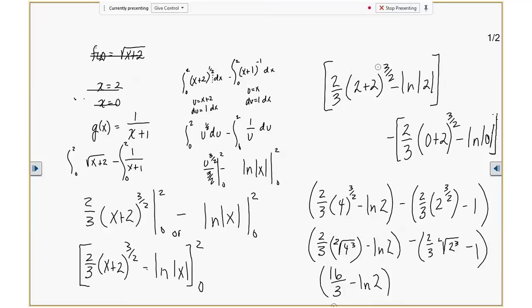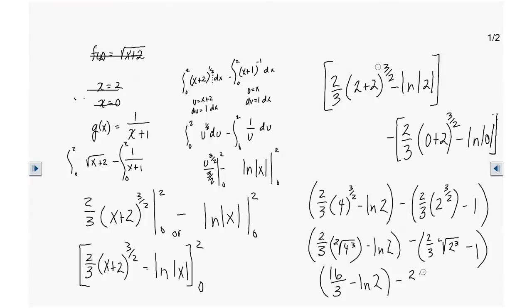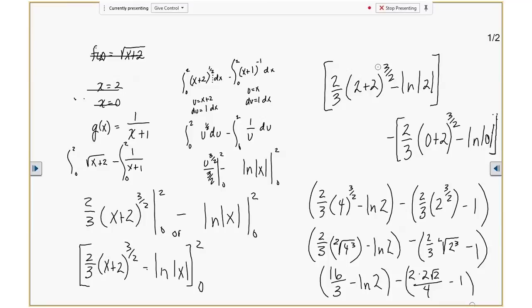Minus, well, the square root of 2, that ain't going to work. But I can do the square root of 4, which is 2, times the square root of 2. Somebody check me there. So that's going to be 2 times 2, square root of 2 over 4, minus 1. 16 divided by 3 is not 8, although sometimes I try to say that.